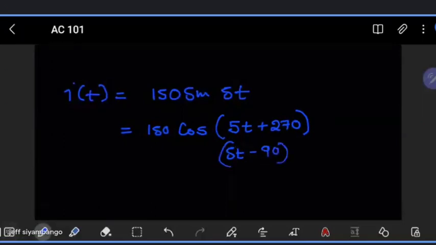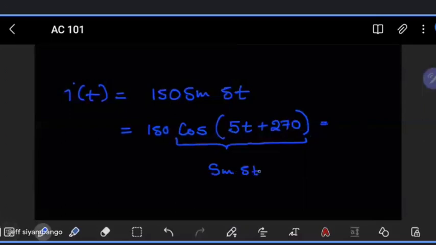Why does it work? Let's start with the 270. If you focus on this part, you should see that it reduces to give you sine 5t. If you're not sure, you can play around with this and see that it actually happens. From the double angle identity for cos, you're going to have cos 5t times cos 270.